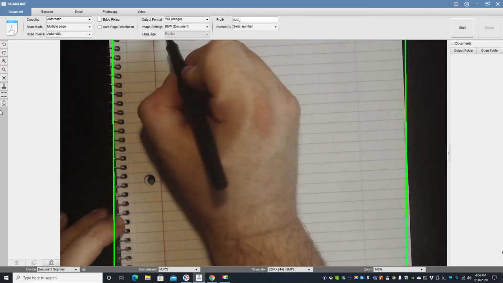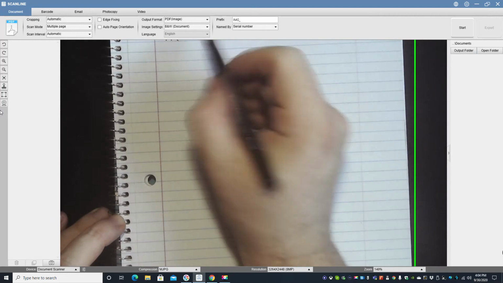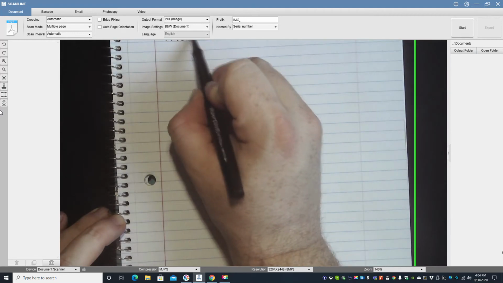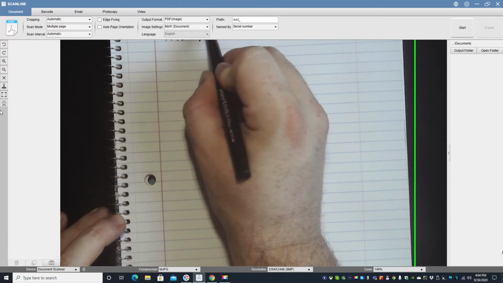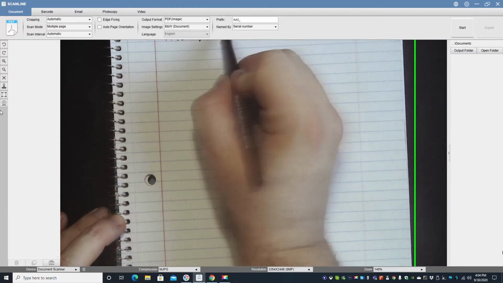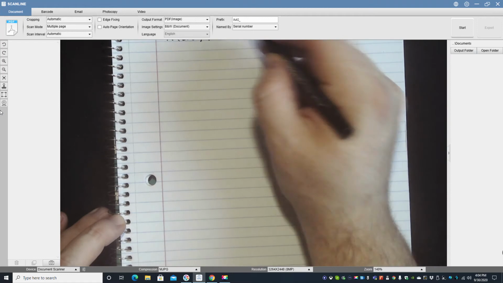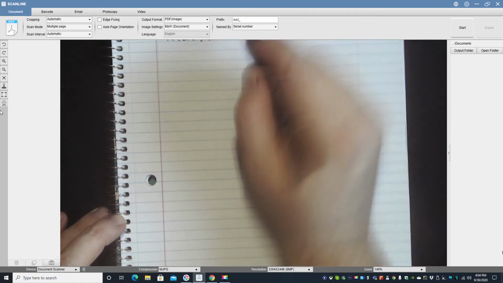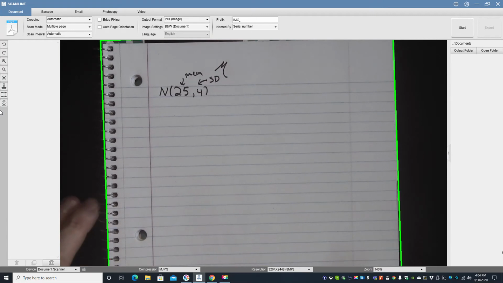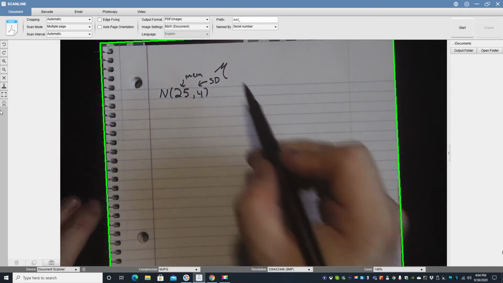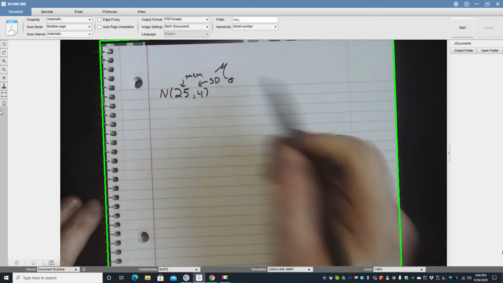I'm going to stick with N(25, 4), which you'll remember: this is the mean, and this is the standard deviation. Also, when we talk about the population, the mean is considered the mu, and the standard deviation is considered sigma.